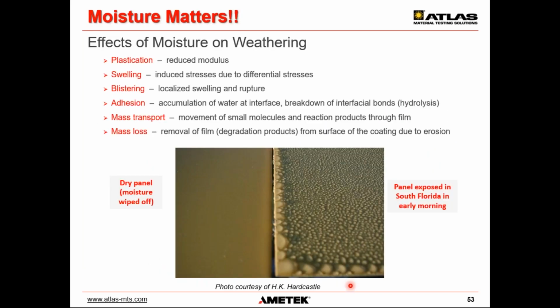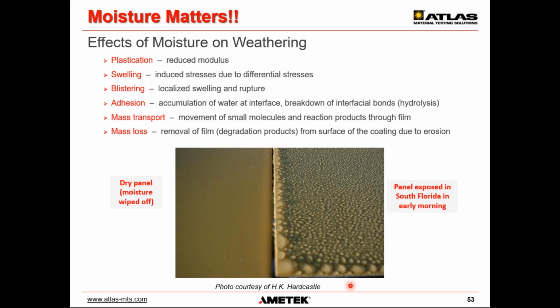So they were able to develop a filter, but there were still some differences being observed in the exposures. And why were these differences being observed? Well, it was because of the effects of moisture and weathering. The importance of moisture is that it serves as a plasticization effect where it reduces modulus. It induces swelling, because it induces differential stresses observed during the swelling process.